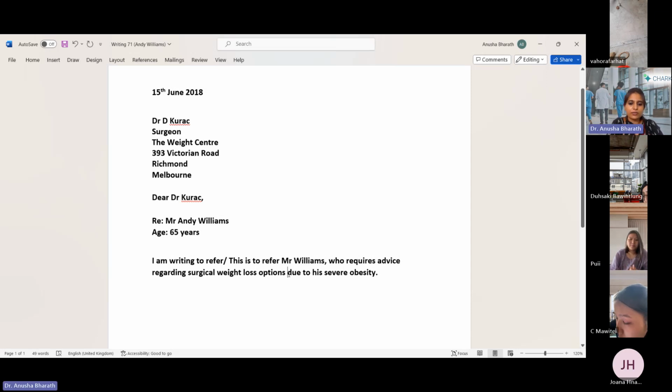Weight loss options from you, comma, due to his severe obesity. Does that make sense? Now, our first paragraph is this. Let me repeat. I'm writing to refer, or this is to refer Mr. Williams, comma, who requires advice regarding surgical weight loss options from you, comma, due to his severe obesity.